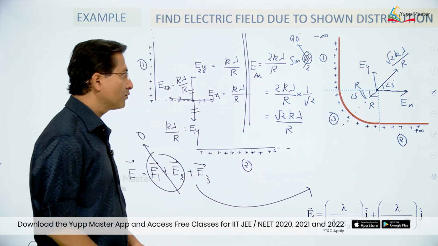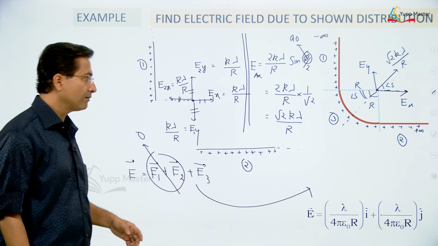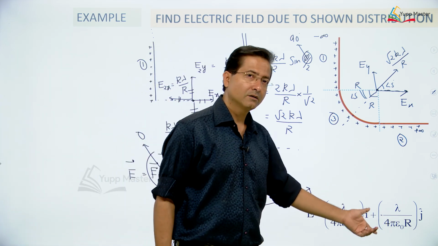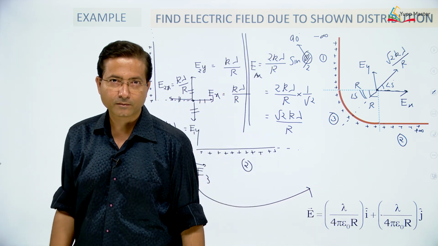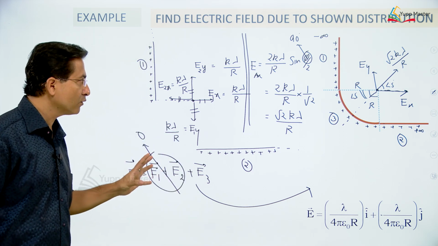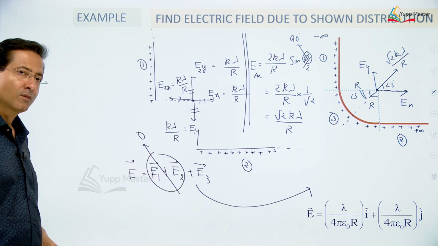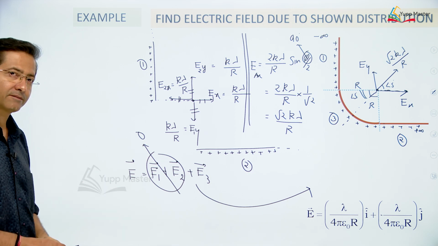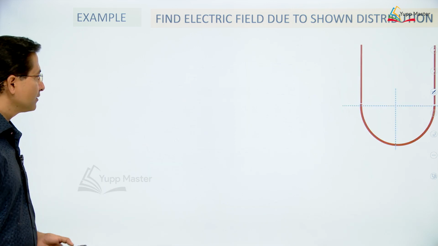So, in vector form, if I want to express the result, it will have an i component, it will have a j component, right. So, application of what we have derived just now is clear. Let us move to the next example.